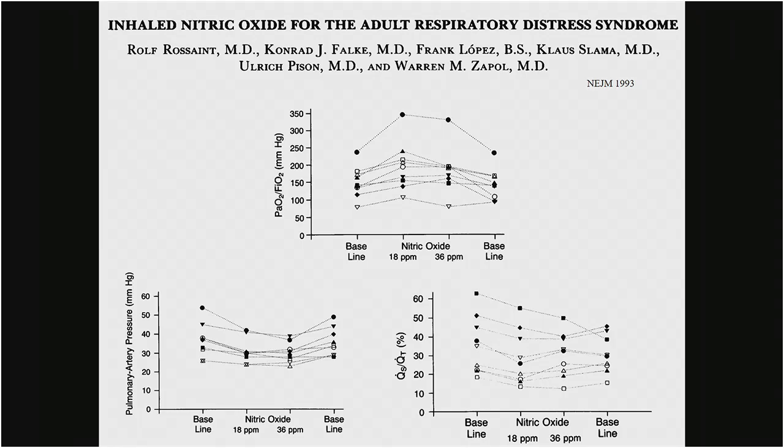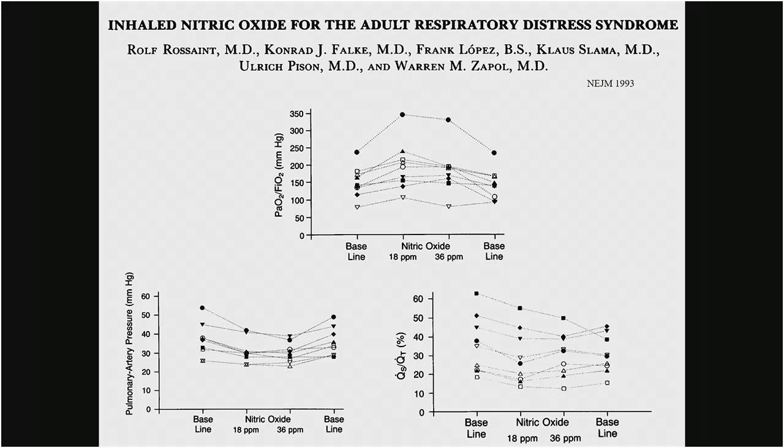As shown in these three graphs, you can clearly see the effect of implementing nitric oxide at 18 to 36 parts per million. Usually we use nitric oxide up to 40 parts per million. And of course, this has an effect also on the pulmonary arterial pressure because of the vasodilatory effect of iNO.